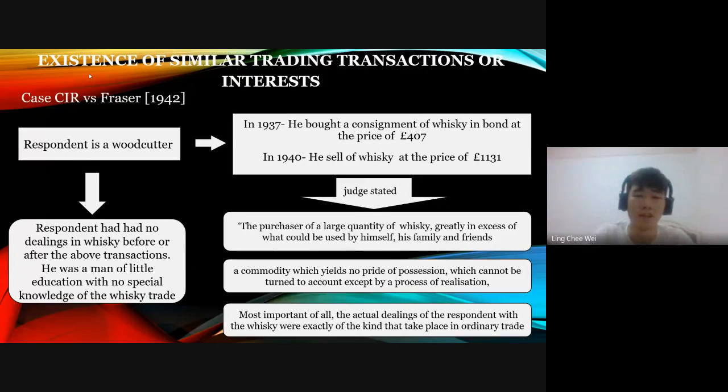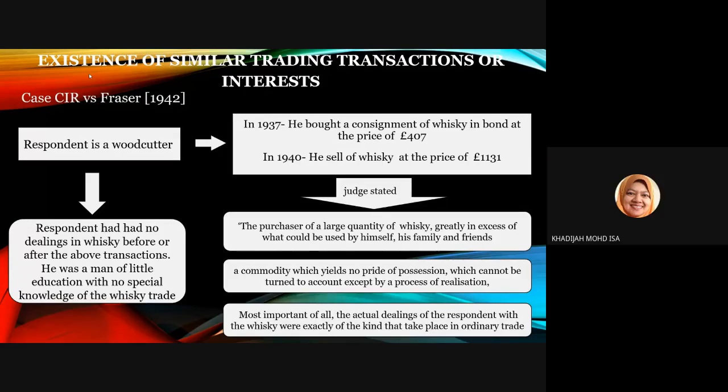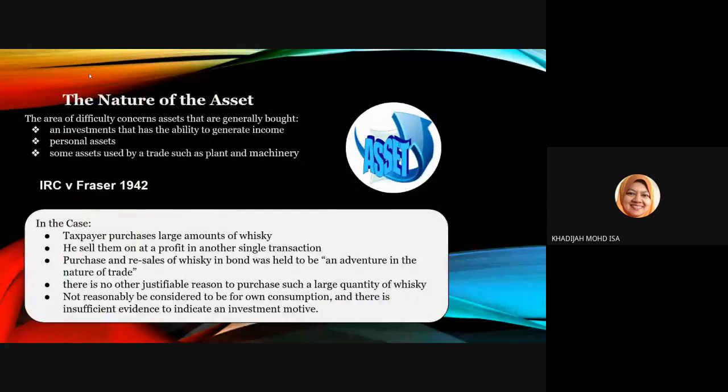And before we enter the case, we need to know that the... I'm sorry to interrupt. Is this case the same as the previous one on the whiskey? The one presented earlier, this one is IRC and Fraser, right?